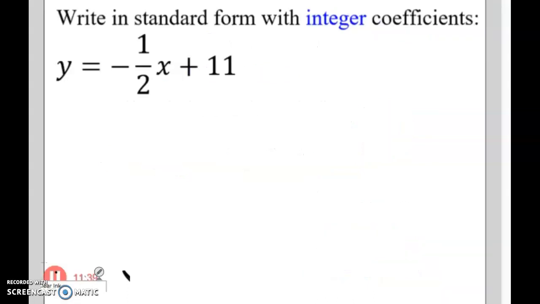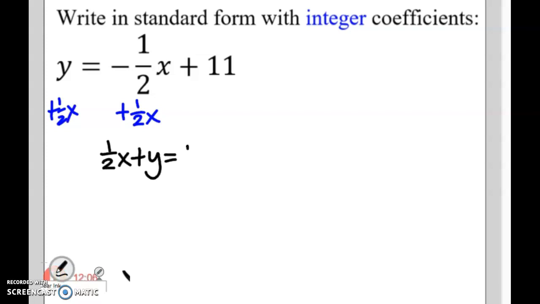So try this one. Integer means a whole number, and positive, so like that A being positive. So just know that integer means those whole number things. Okay. First step, I'm going to add the 1/2 x to both sides. And then multiply everything by 2.